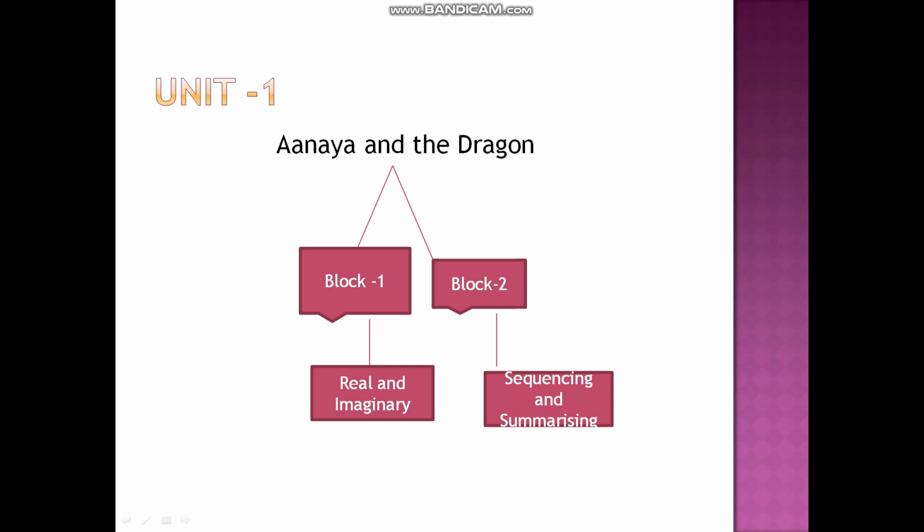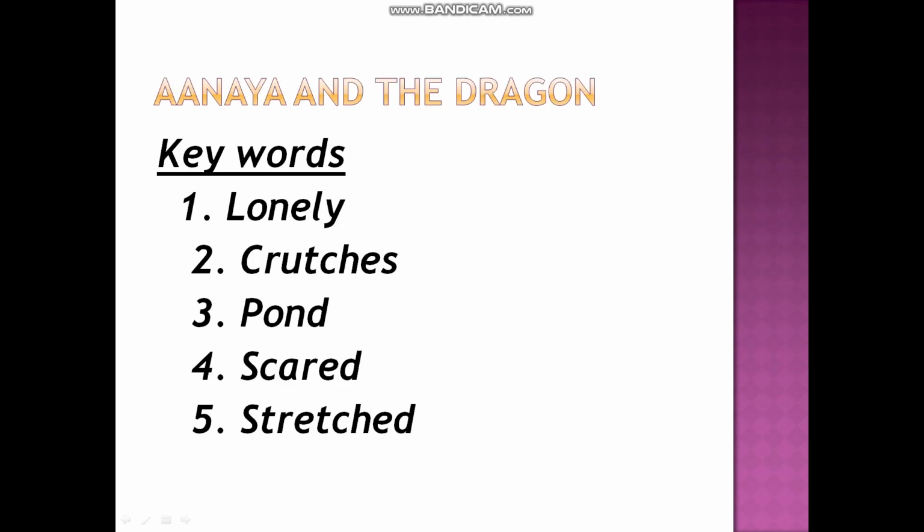First, we will look at the keywords of this chapter. There are 5 keywords in this chapter. Number 1, lonely. Number 2, crutches. Number 3, pond. Number 4, scared. And number 5, stretched. Now let's see the meaning of these keywords.